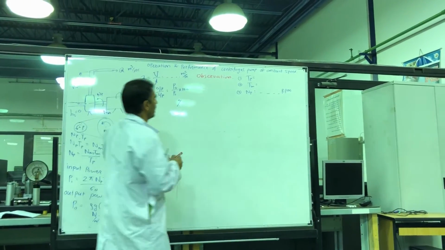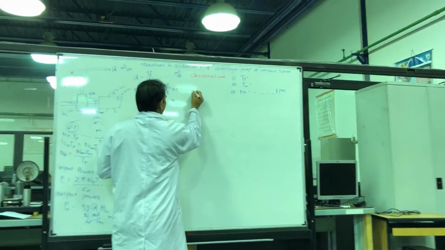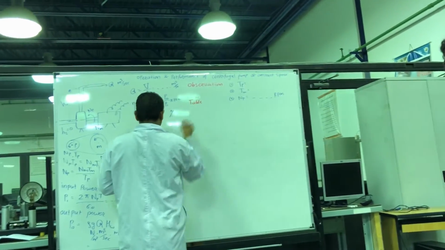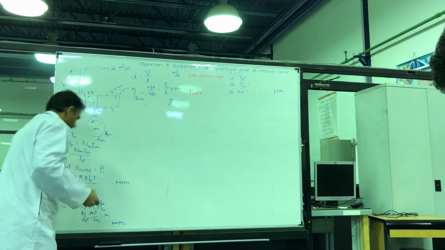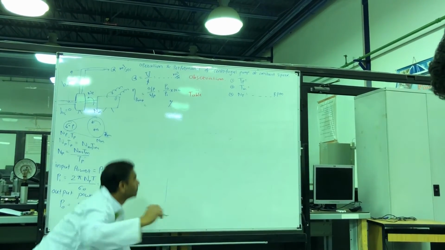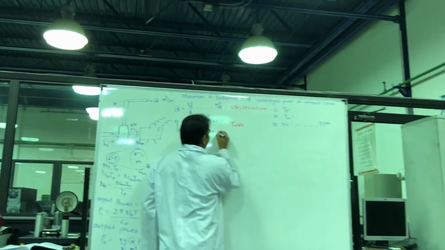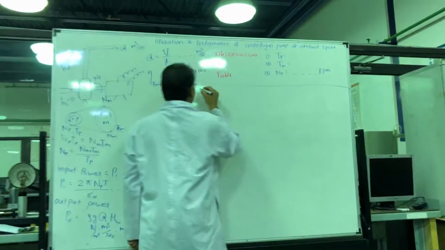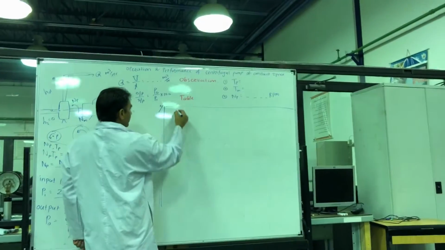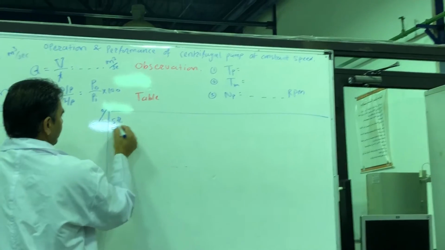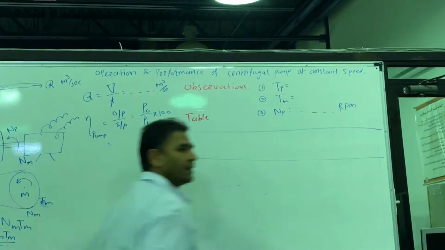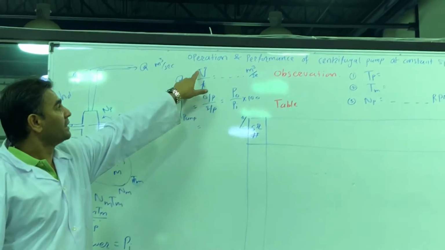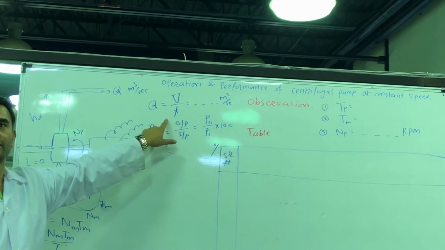Now I will write the table. First, what is my observation? Serial number first, don't forget the serial number. Then volume and time I need to observe.